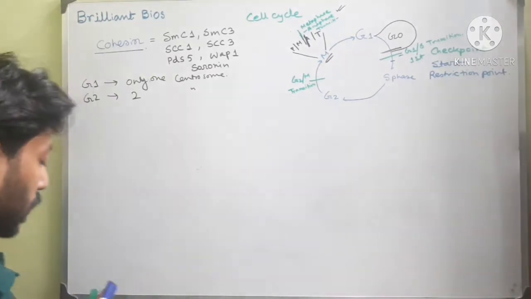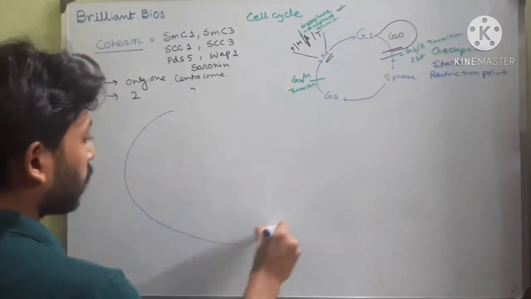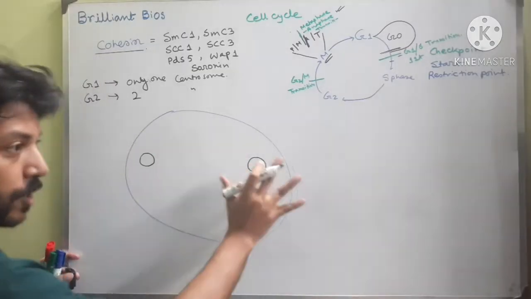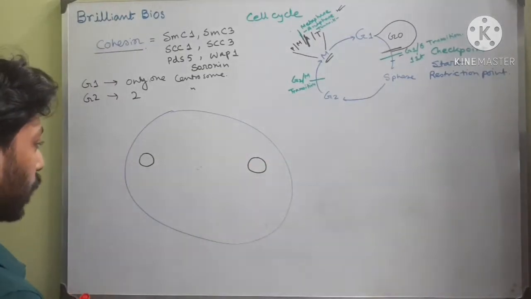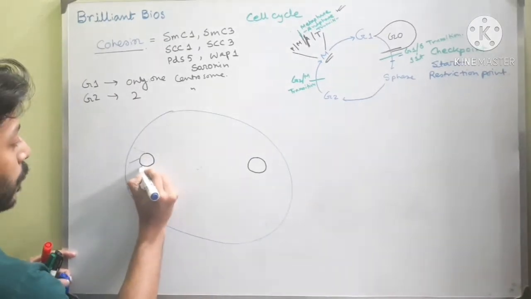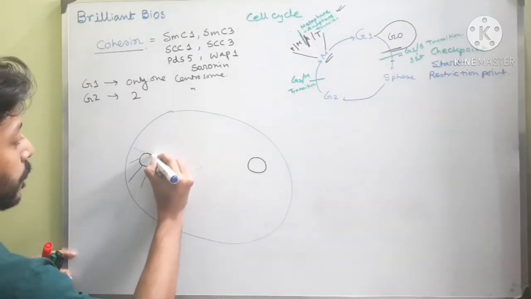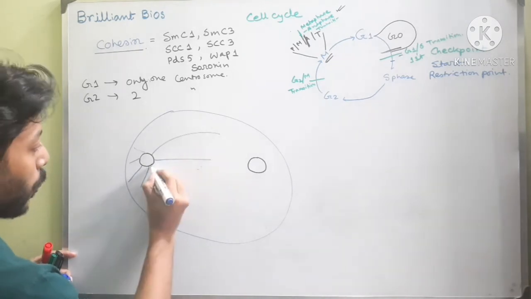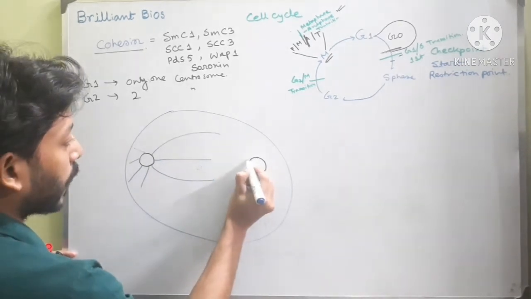Okay. Now let me draw a cell, then you can understand. Let's suppose this is a cell, and think that these are the centrosomes, two centrosomes in different poles, and they radiate or emanate microtubules in different directions. I am showing only 3 so that you can understand.